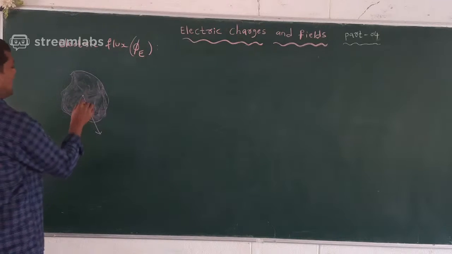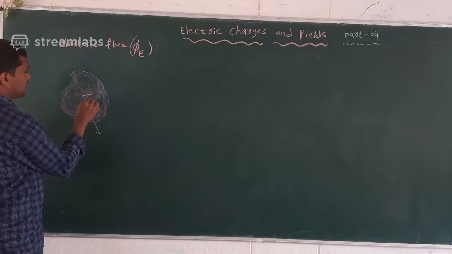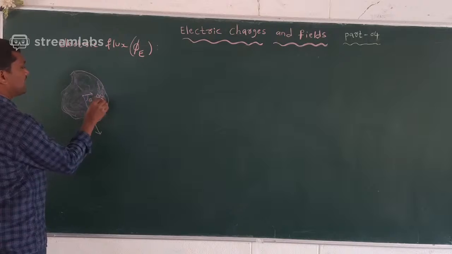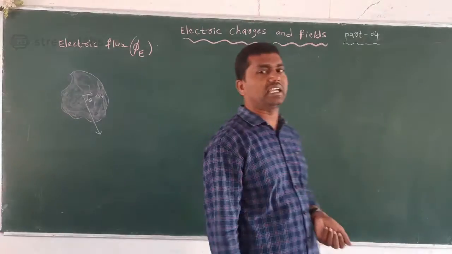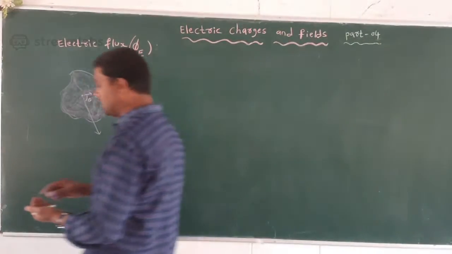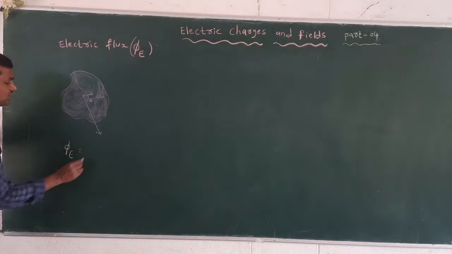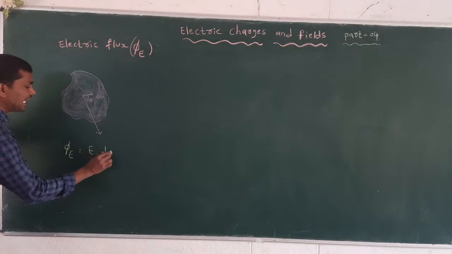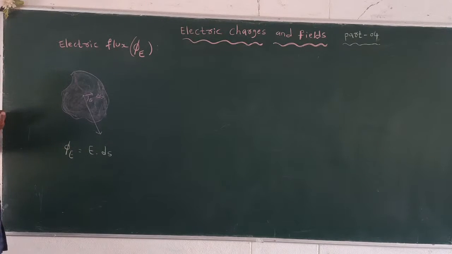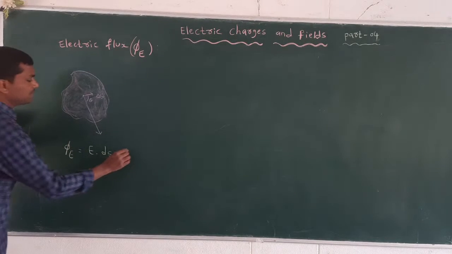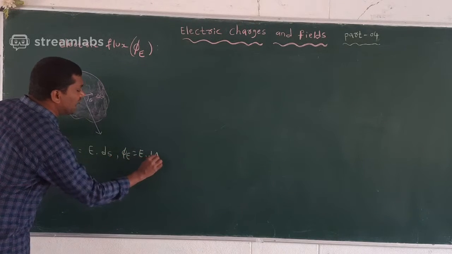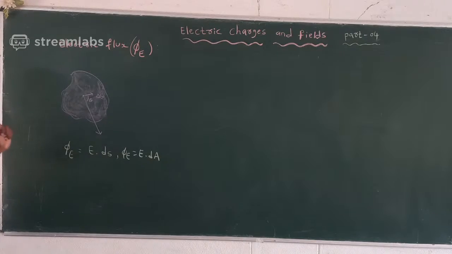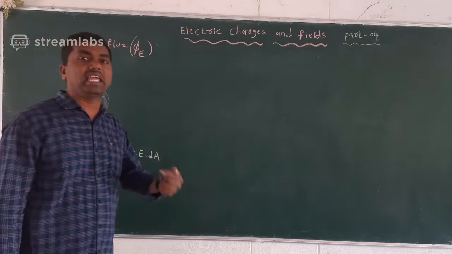We take the angle as theta, and the area is delta S or dS, called the surface area. So the equation of electric flux: phi suffix E is equal to E dot dS, or we can write E dot dA, where dS or dA is the surface area.